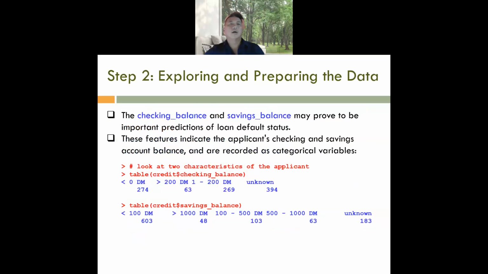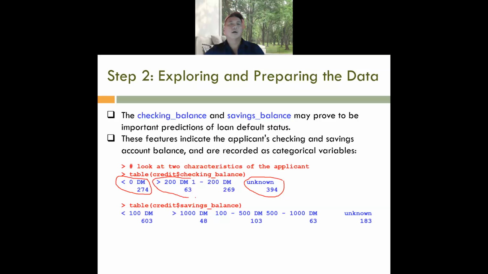Okay, so first they look at the checking balance. This number means there is some missing data, the unknown. We also have the value 269, which is the number of people who have less than zero Dutch money.